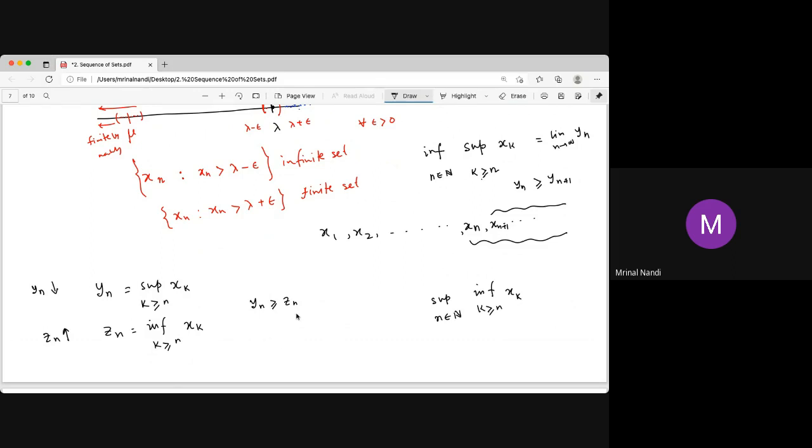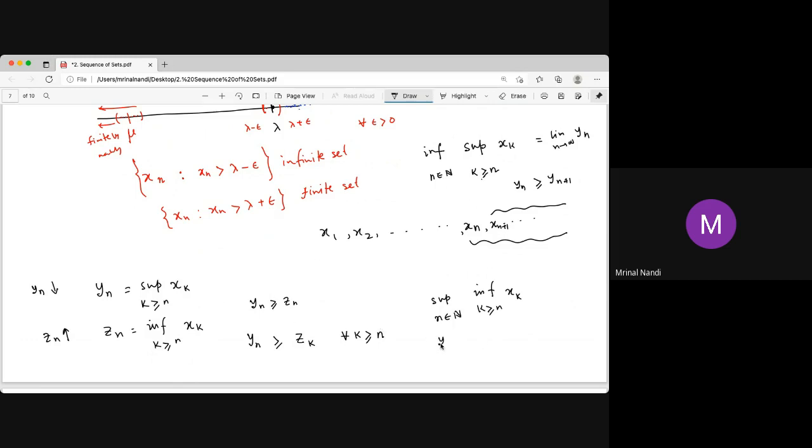Now you can easily check that yn is actually greater than or equal to zk for all k greater than n. Why so?